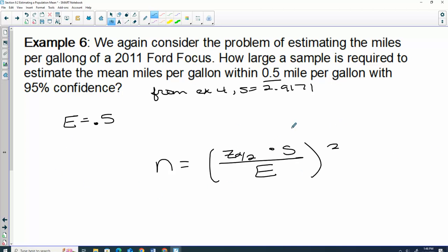Alright, the z alpha over 2. Let's practice that again from yesterday. That means we have 95% in the middle, so you have 5% left for the ends. So each one will get 2.5%.